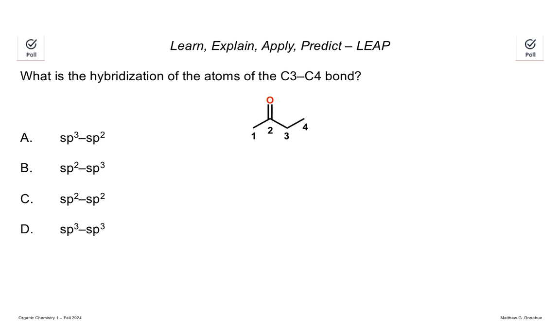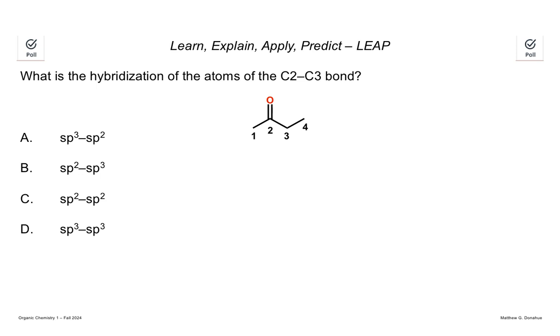So our first leap question here is, what is the hybridization of the atoms of C3 to C4? So we can see that both C3 and C4 are showing 4 sigma bonds, so both of these are sp3, and so our answer is D. We have 2 sp3 hybridized carbons.